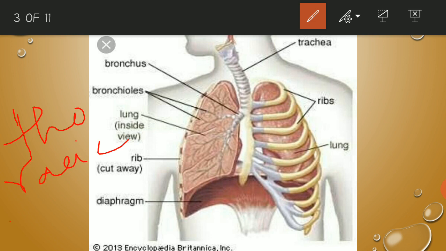The thoracic cavity is surrounded by the rib cage or the ribs.